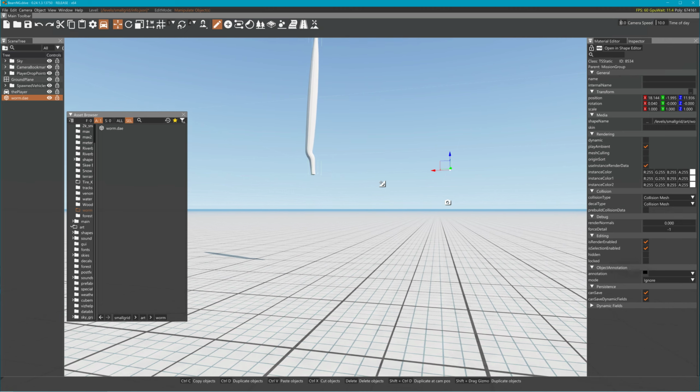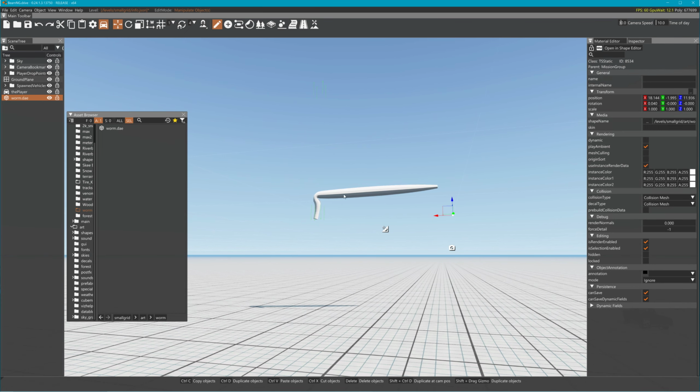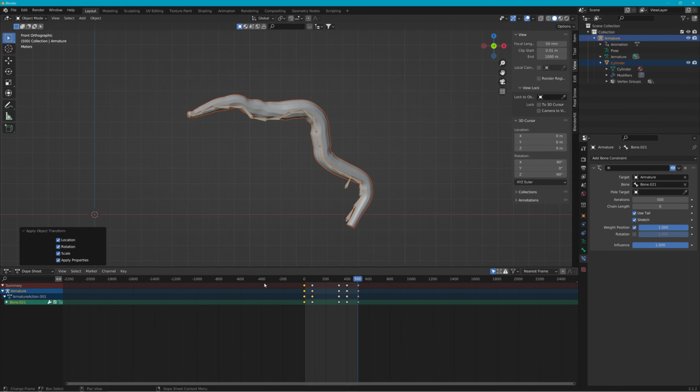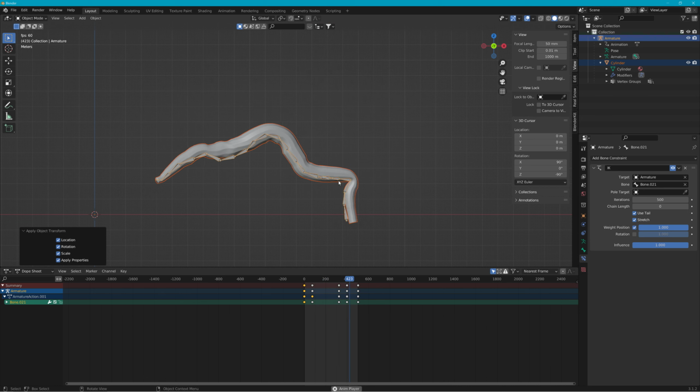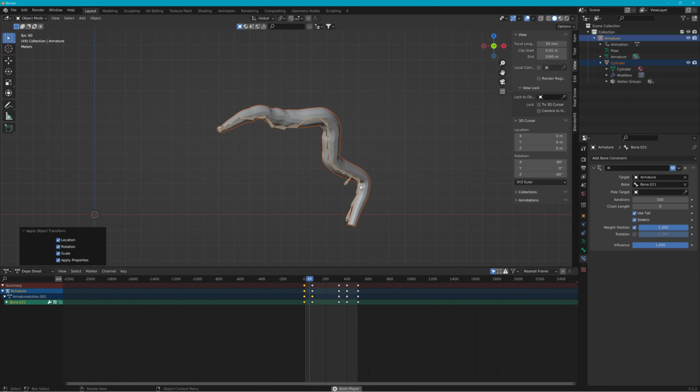No, it's not. It actually is working, I guess. Let me look at this again. It's close. Only that one bone there is animating.